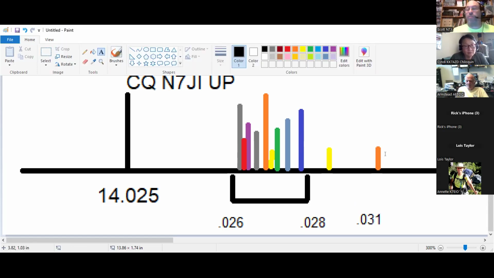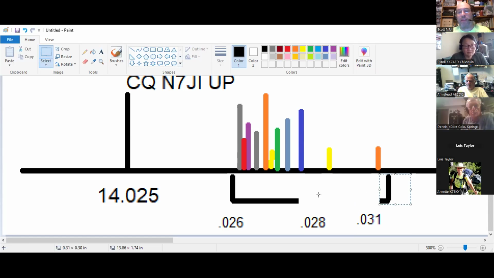Somebody's calling at 0.031. What I'm going to do then is I'm going to answer them at that point. And what that effectively does is it takes this box and it widens it up. And now I have expanded my entire range of where I'm listening considerably. And now I am operating in this entire zone.